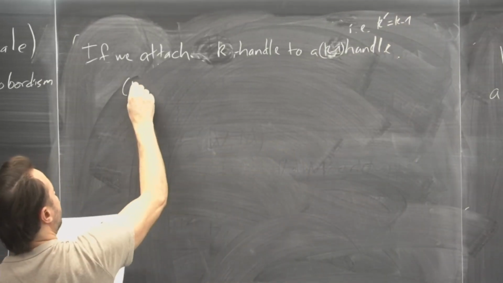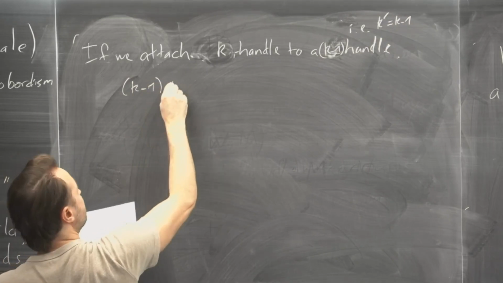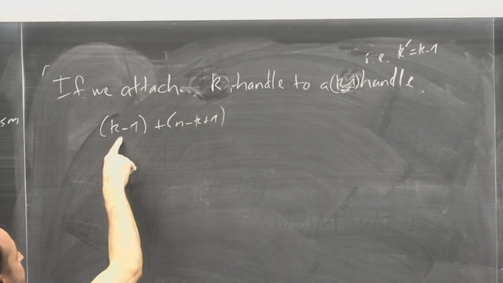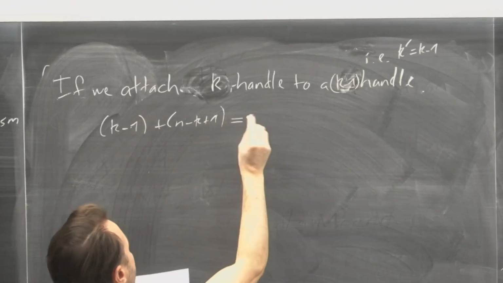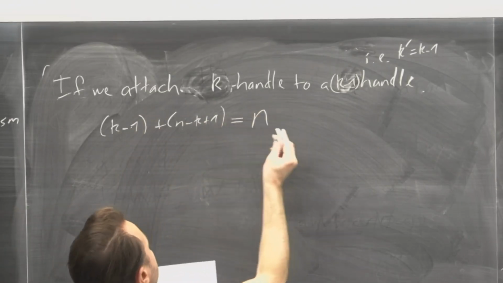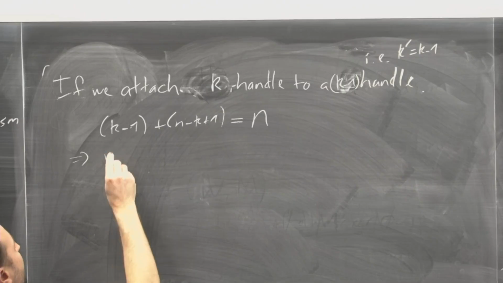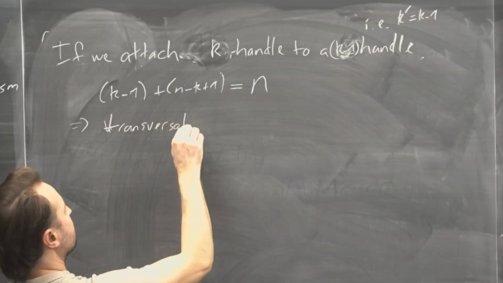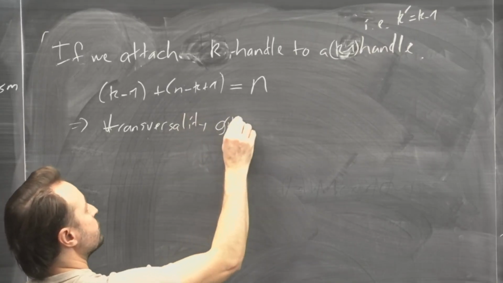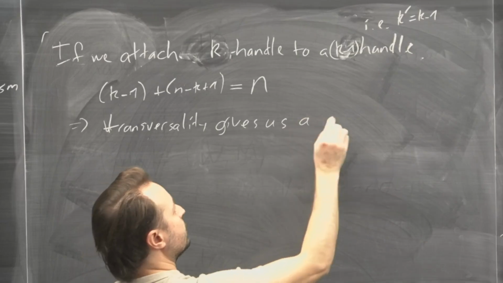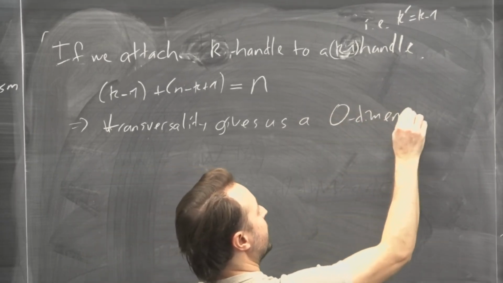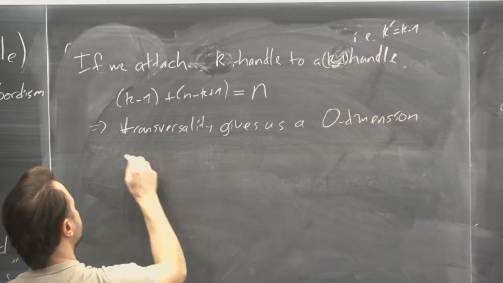So then if we do our calculation again, add up the dimension of our attaching sphere and our belt sphere, we actually get exactly n. So therefore, transversality gives us a zero-dimensional intersection, i.e. a collection of points.